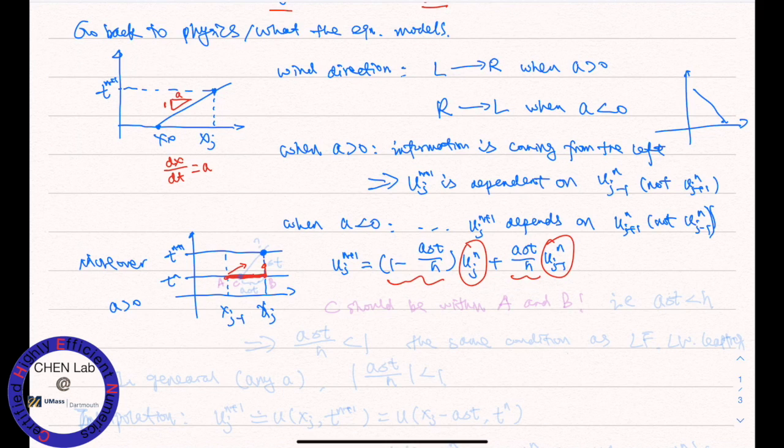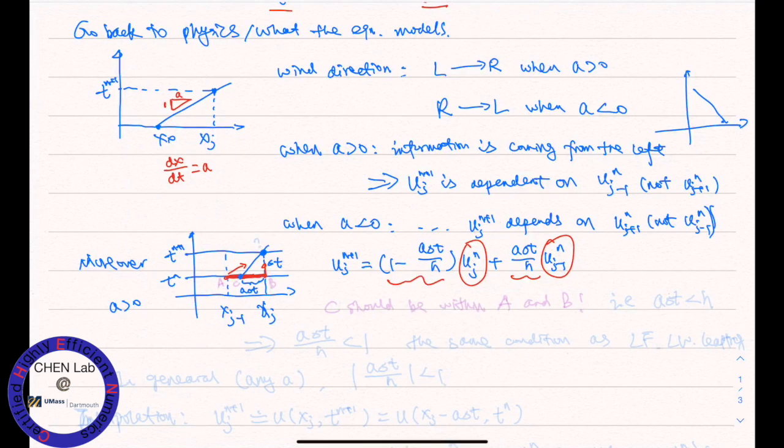So if you follow the characteristics and you ended up here, this is delta t. What's that? This is A delta t.